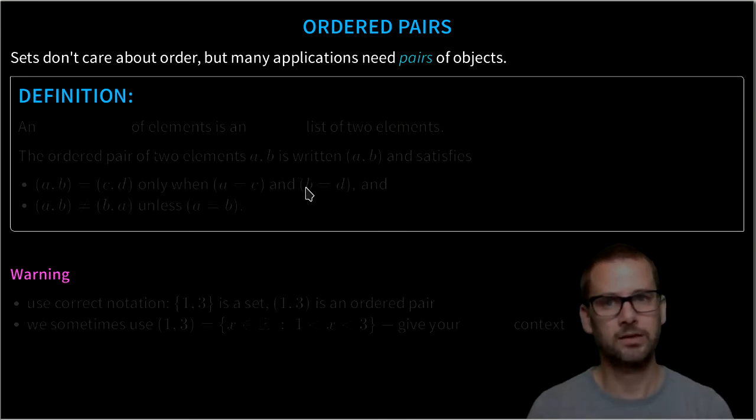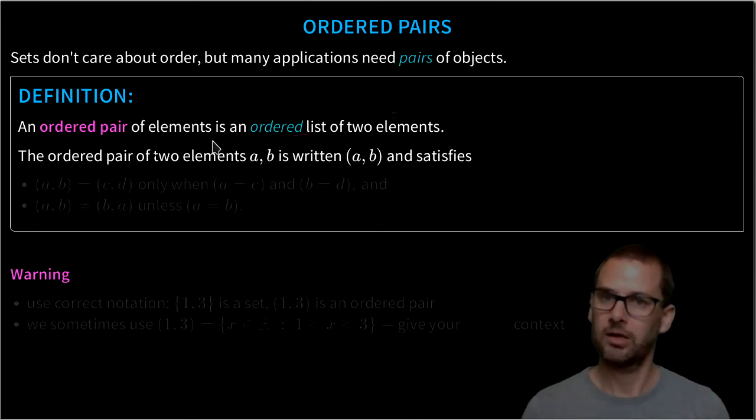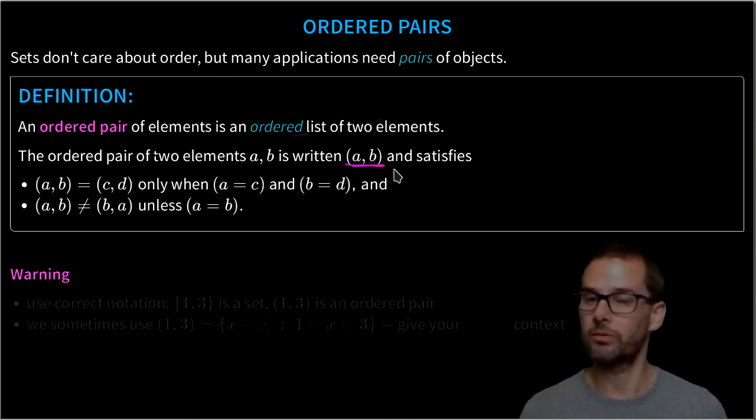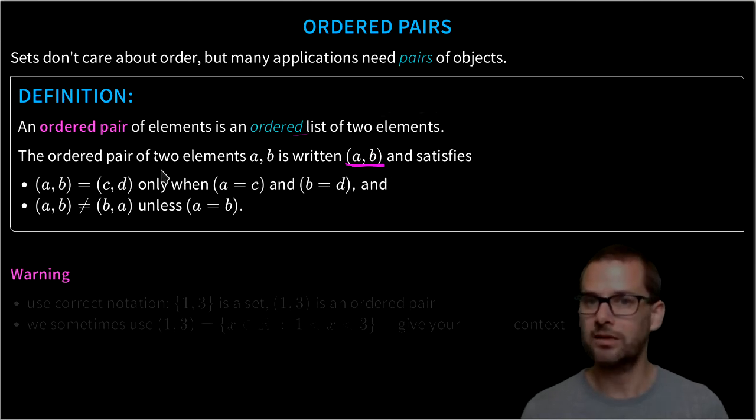The order matters. And so we define an ordered pair to be an ordered list of 2 elements. The ordered pair of 2 elements A and B is just written as an open bracket A comma B, and satisfies the following points: (A, B) is equal to (C, D) only when the first things are the same, so A and C are the same, and when B and D are the same.